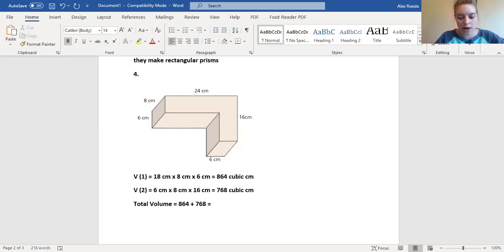Okay, you should have gotten a value of 1,632 cubic centimeters.